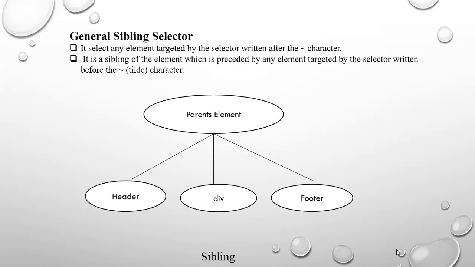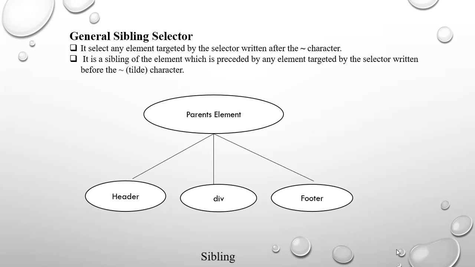It selects any elements targeted by the selector written after the tilde character. The general sibling selector is represented by a tilde, which has a wave-like shape.